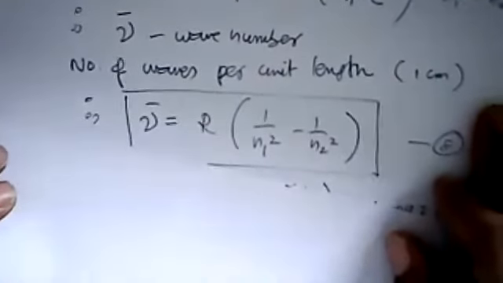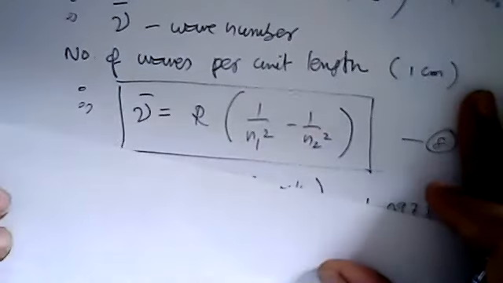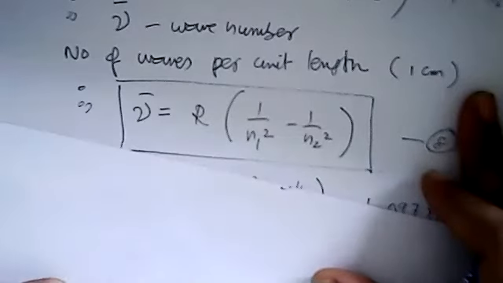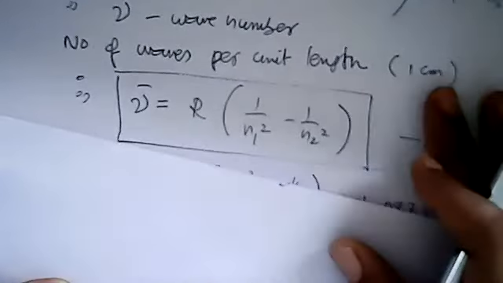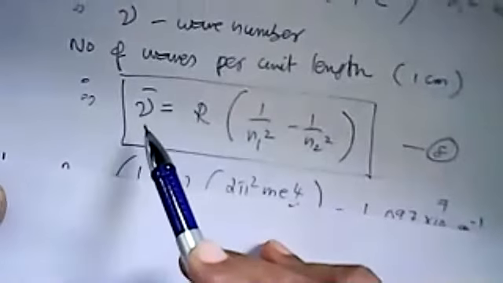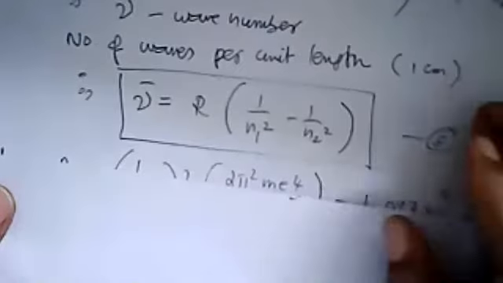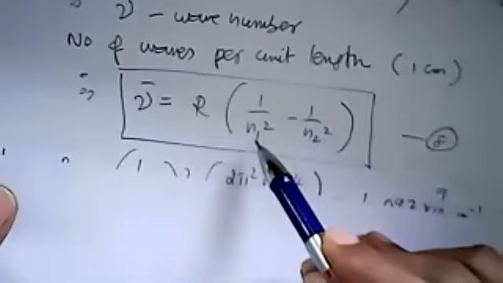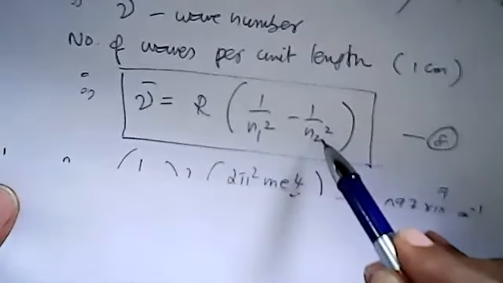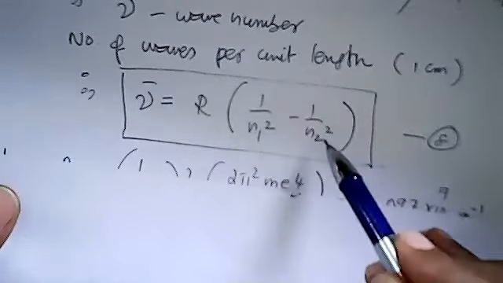We arrived at a simple expression. From this we can easily explain the hydrogen spectra, as Bohr did. Remember that n1 is the lower orbit and n2 is the upper orbit. Always n1 is less than n2.